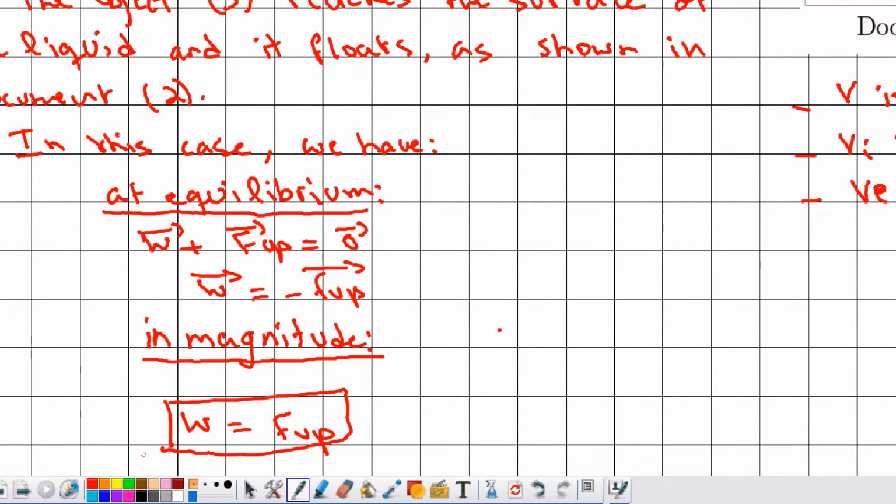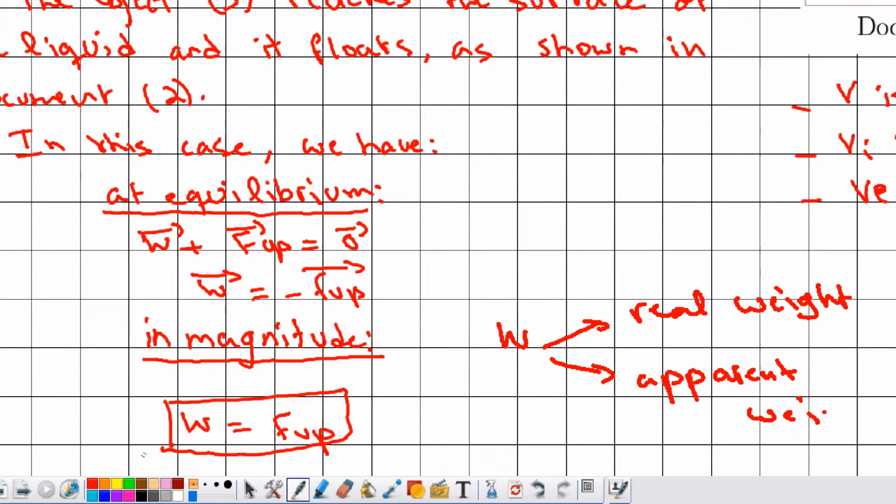We always have two weights, either the real weight or the apparent weight. Here, because we have a liquid, it's a bit tricky. We will think that it is the apparent weight, but recall that this weight is coming from this weight vector, and from the very beginning we mentioned that this weight vector is the real weight and not the apparent weight. So this weight represents the real weight.